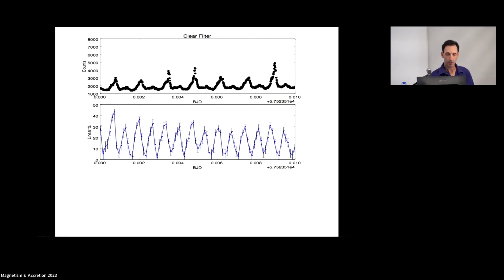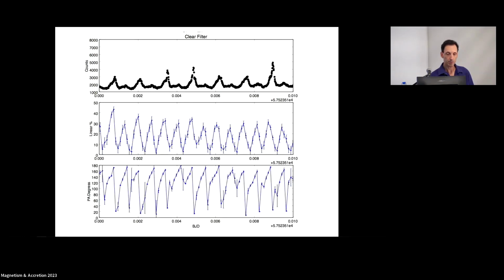Corresponding to each of these linearly polarized pulses, the position angle of polarization rotates through 180 degrees. I've highlighted the area that corresponds to one spin period of the white dwarf, and you can see it's double pulsed, and each pulse has a full rotation of 180 degrees in polarization.